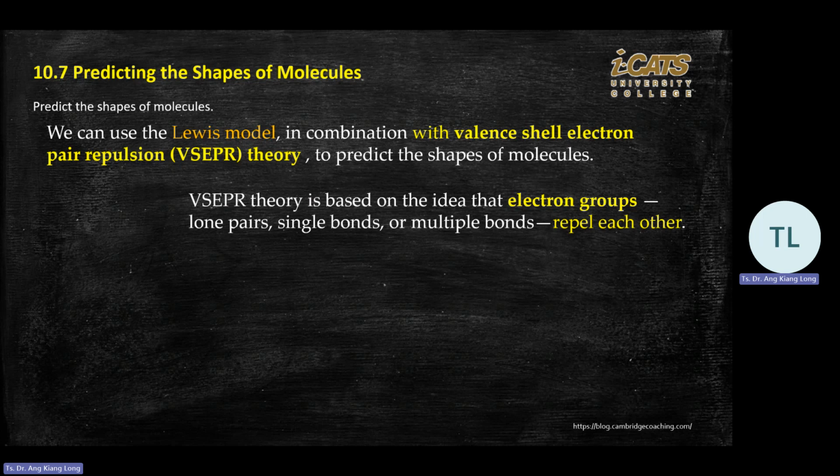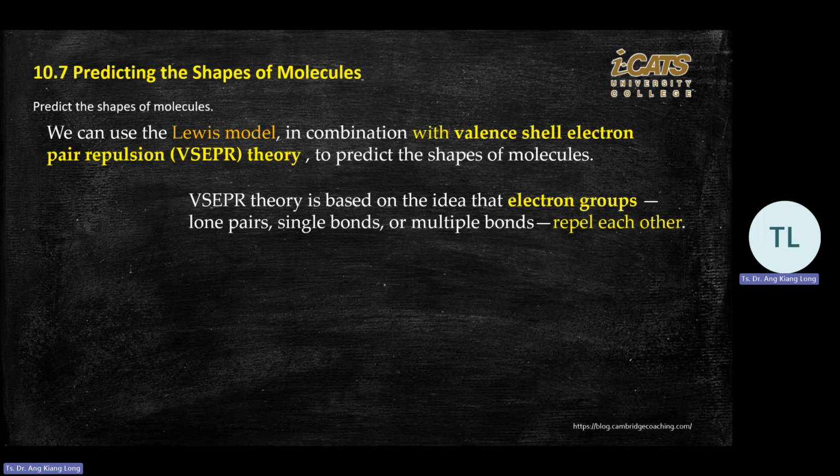So what does this VSEPR theory do? It just tells you that if you have the same charges, they repel each other. Positive, positive will repel each other. Negative, negative will repel each other. Positive, negative will attract each other.